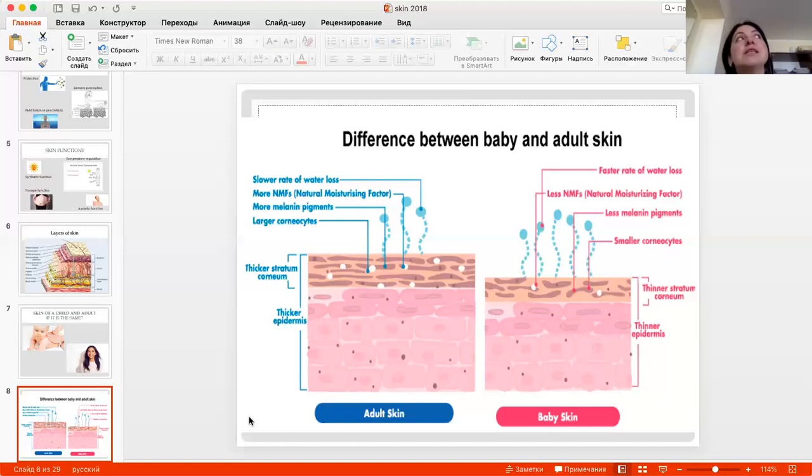It means that you can easily see the vessels of children. It means that you can easily see blood, which is red, as you know. So we can see the pink skin of a child, which looks more red than in adults. When we talk about adult skin, when there is little pigment, it looks pale, slightly pinkish.